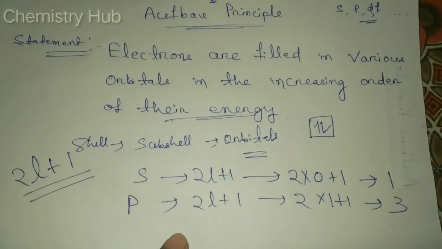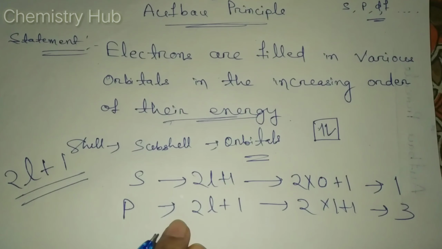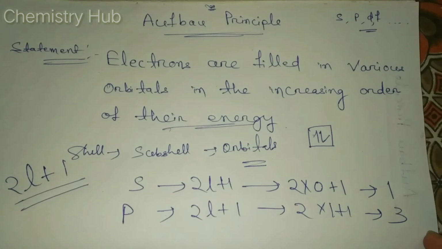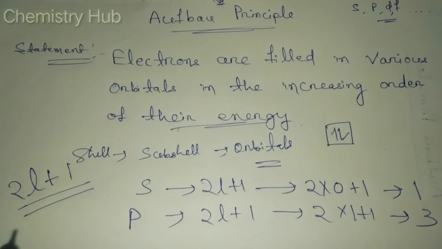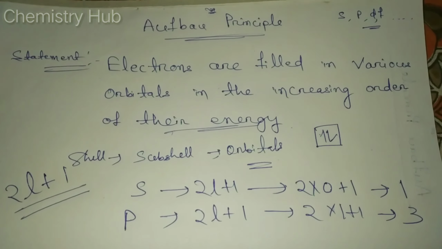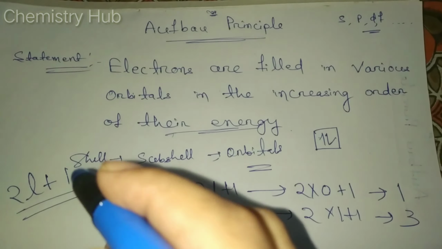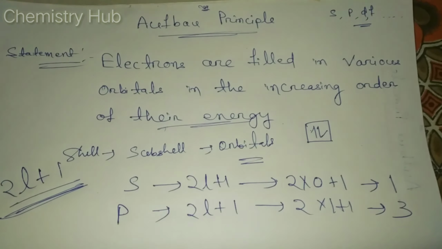So from this, we get to know s subshell consists of 1 orbital, p subshell consists of 3 orbitals. This is how you can calculate the number of orbitals present in a subshell. For this, you have to remember the 2l plus 1 formula.